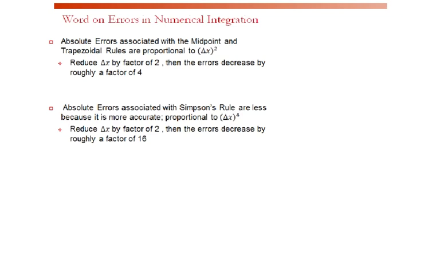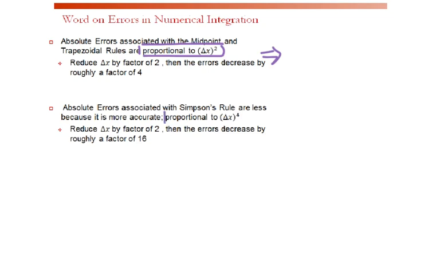And the last thing for this video that I'd like to touch on is just some relationships as far as errors in numerical integration. For the midpoint and the trapezoid rule, if you reduce delta x by a factor of 2, the errors are going to decrease by a factor of 4. So what that's really saying is that they're proportional to delta x squared. And for Simpson's, if you reduce delta x by a factor of 2, the errors are going to decrease by a factor of 16.